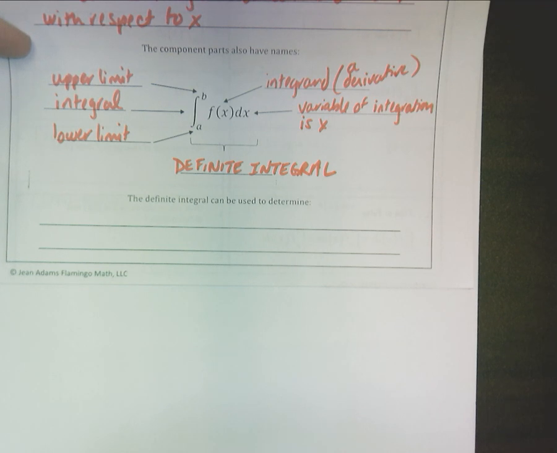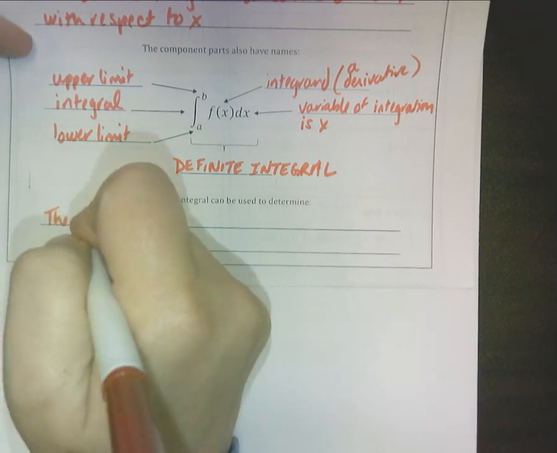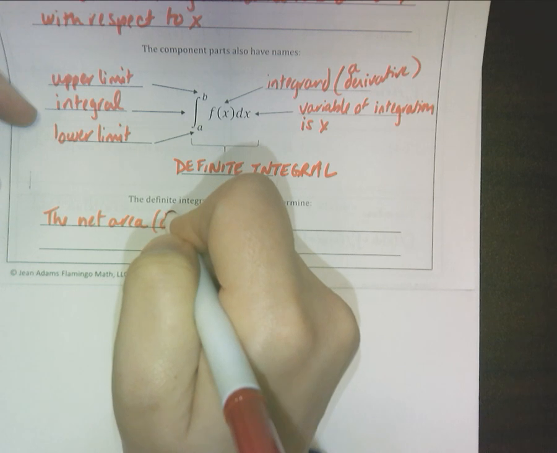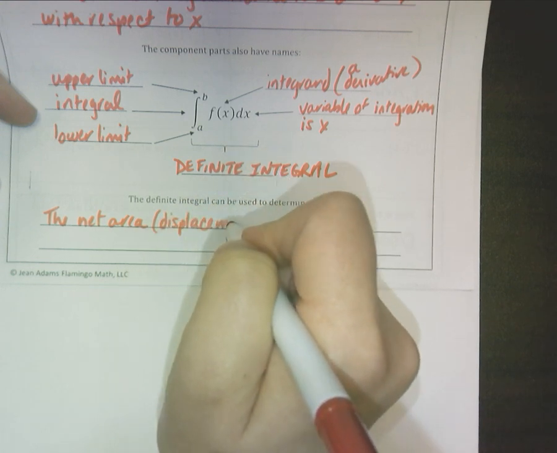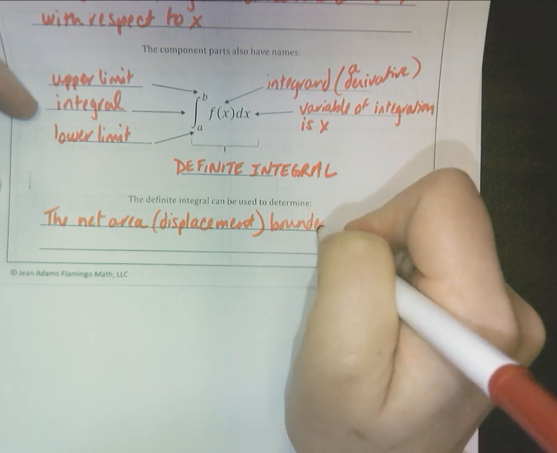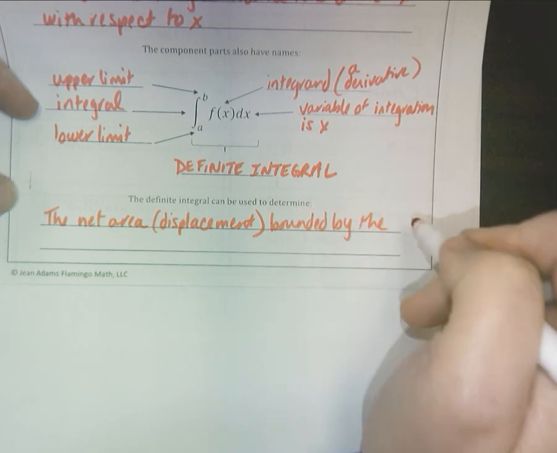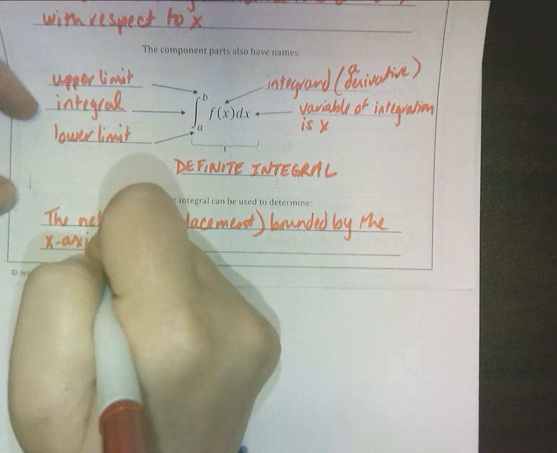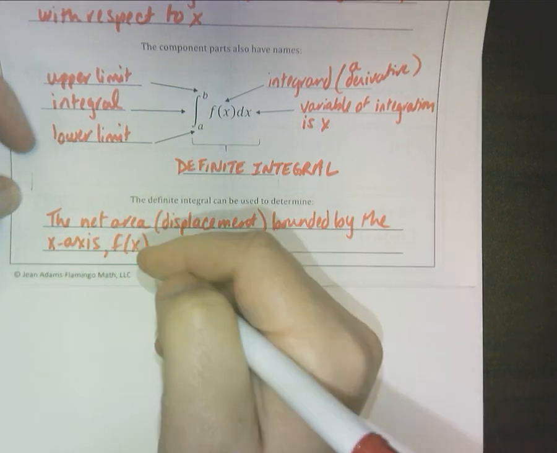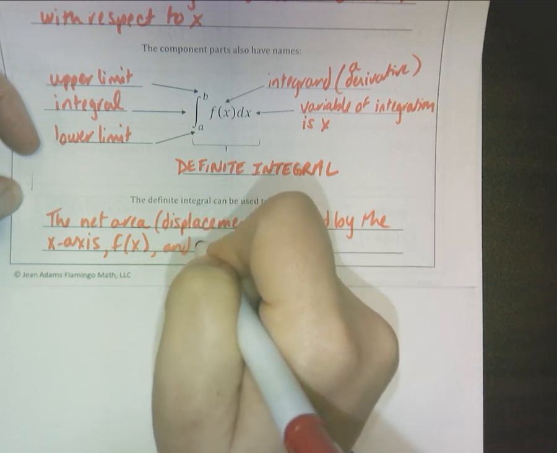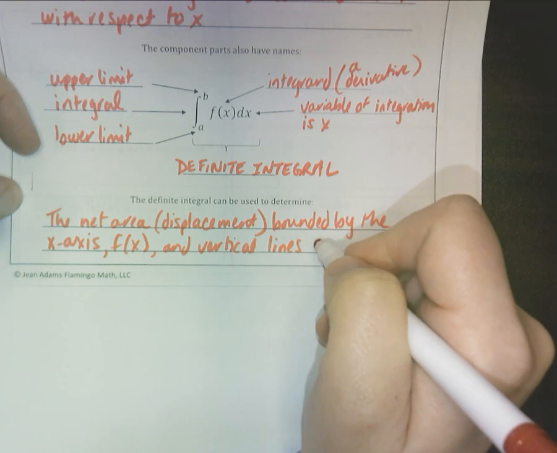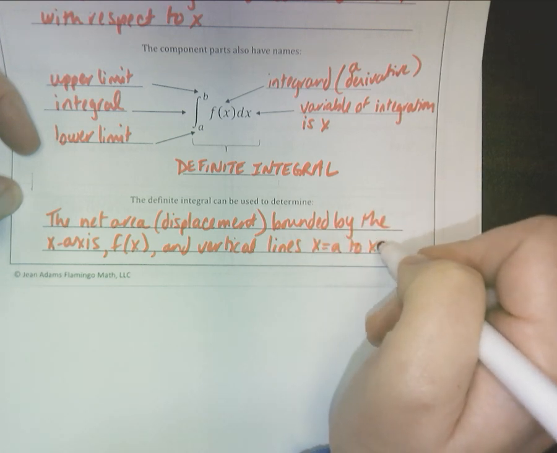Net area. Okay, so write this down. The net area, or the displacement, bounded by the x-axis, the function f of x, and the vertical lines x equals a to x equals b.